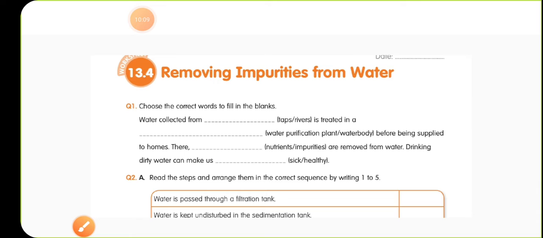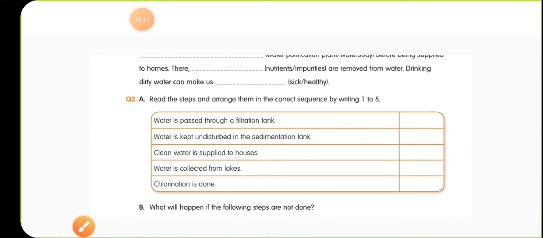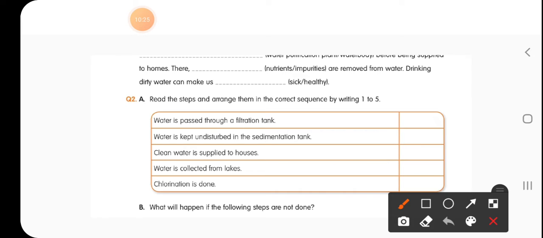Okay. So now the next question: read the steps and arrange them in a correct sequence by writing 1 to 5. Here are the steps that are involved in the water purification tank, and we have to give numbering. The first step is water is collected from the lakes.